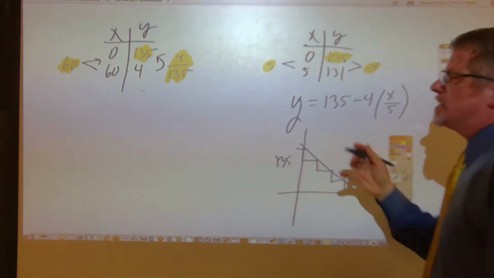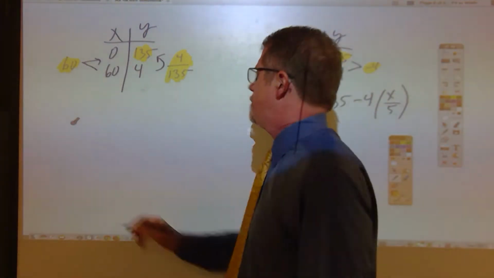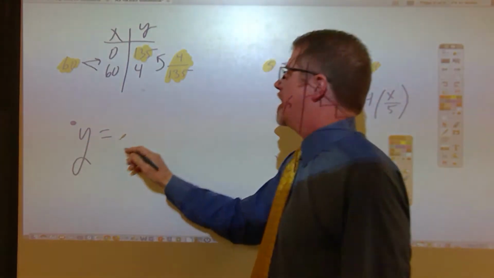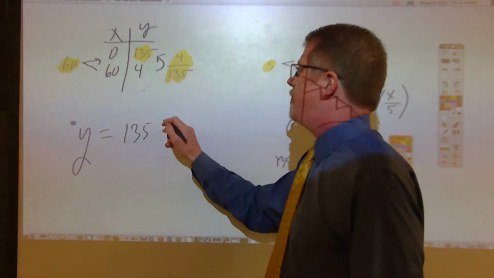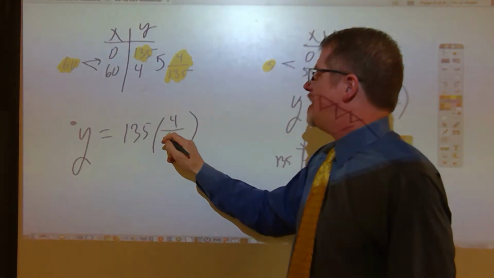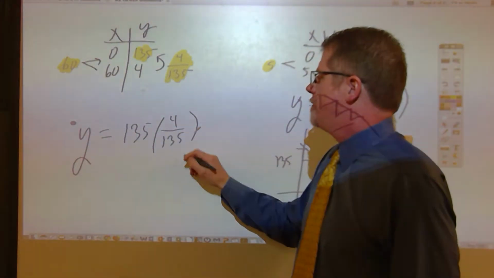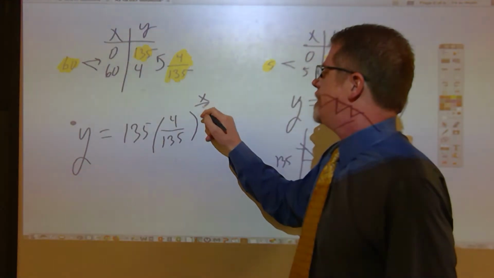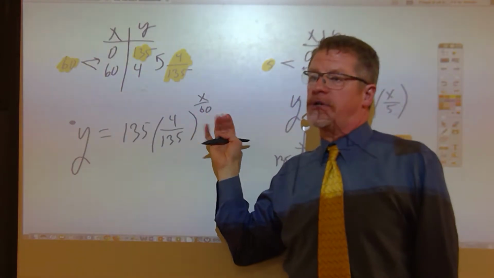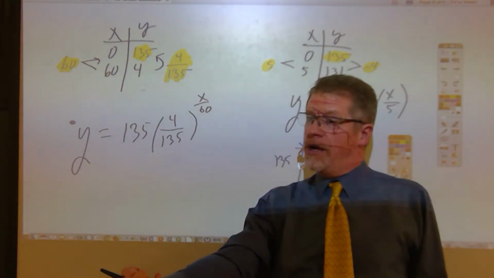So, here's the story of this cup of coffee. The temperature of the cup of coffee starts at 135, and we multiply the temperature by this tiny fraction, 4 over 135, every 60 minutes. And we just came off of a unit on fractional exponents, so we actually know what this means now.